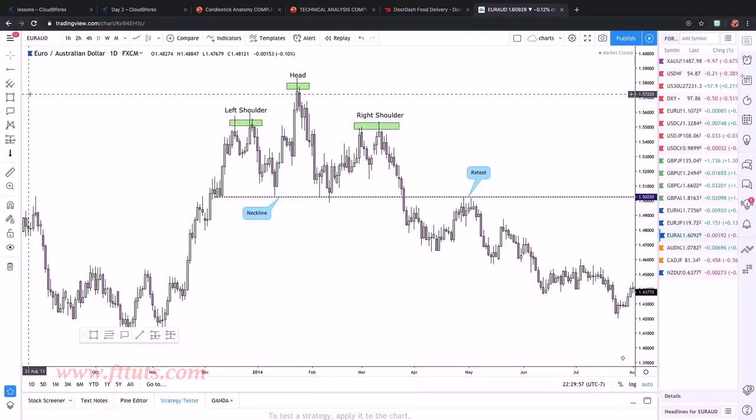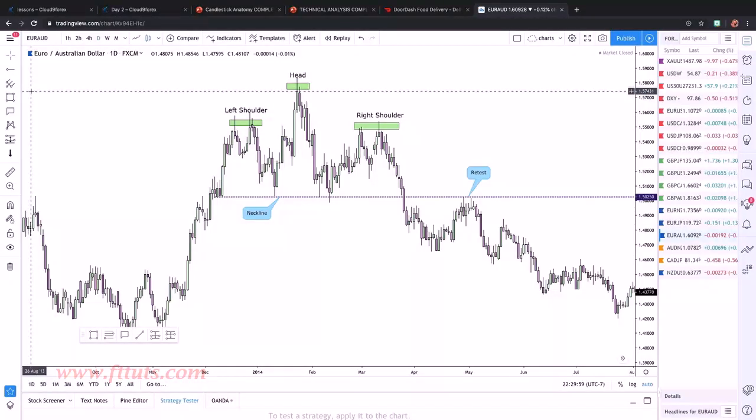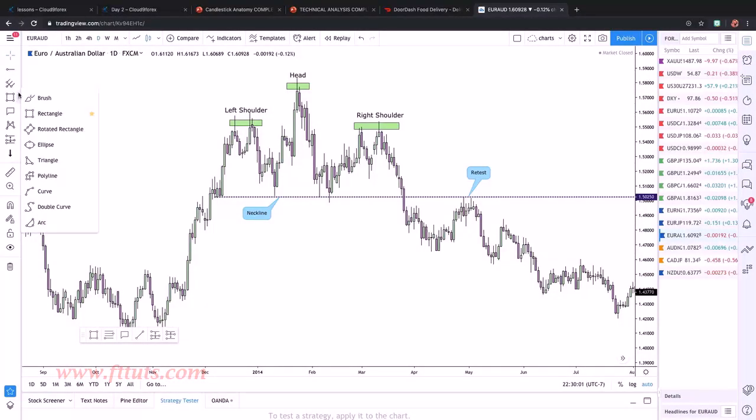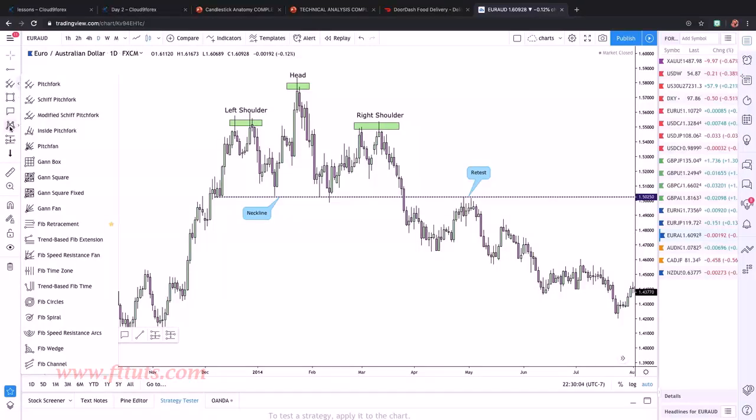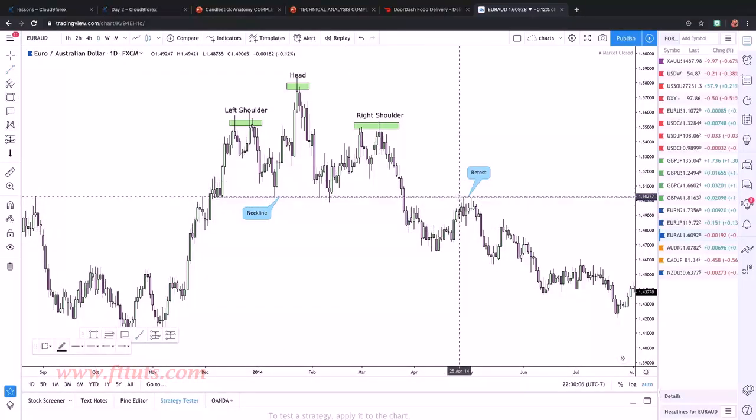We had a break of the neckline, and then we also had a retest. So right there can be our entry off that retest.